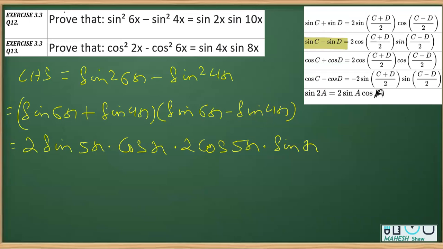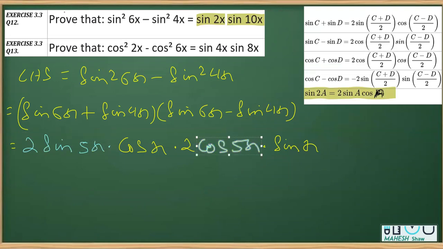Now, when we see the RHS, we need sin 2x and sin 10x. As I told you, we are going to apply the identity 2 sin a cos a here. So how can we get sin 10x? This is 2 sin 5x into cos 5x.